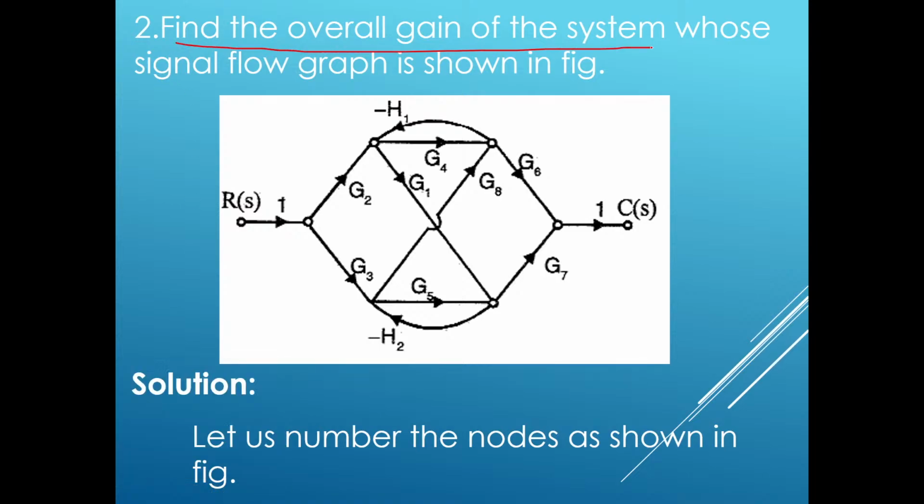To find the overall gain of the system whose signal flow graph is as shown. So this is the signal flow graph. R of S is the input and C of S is the output. If you observe carefully, they didn't give us the node notations, so we have to write them, since it is not given in the question.